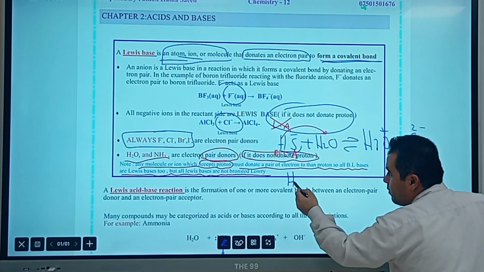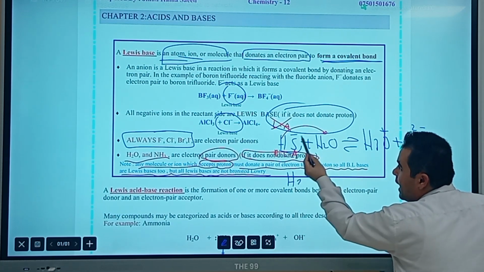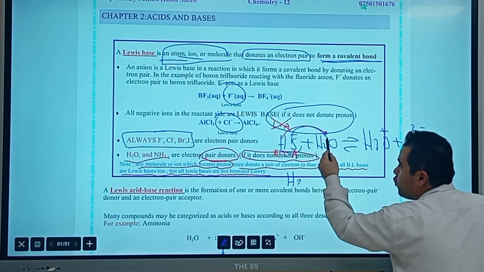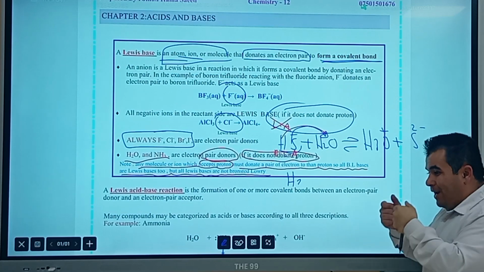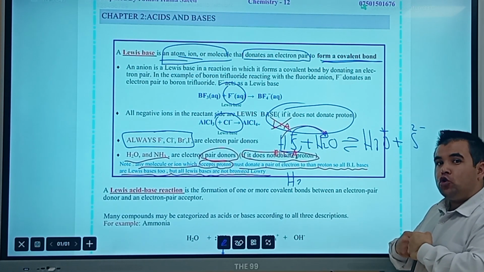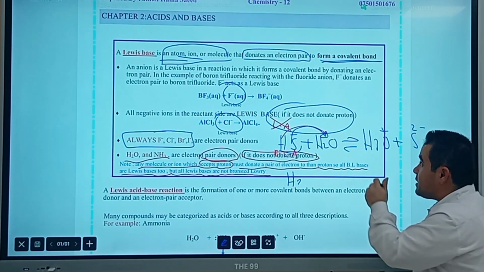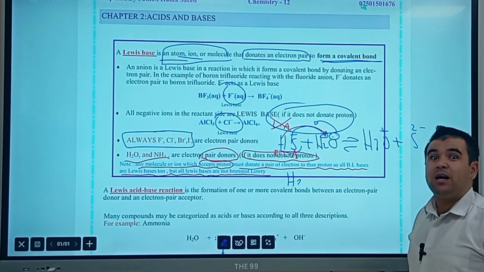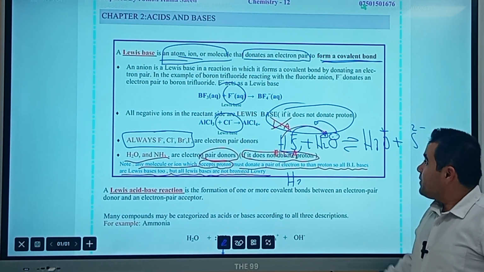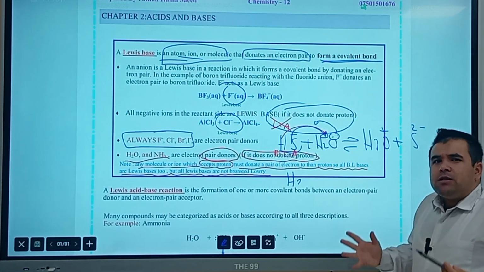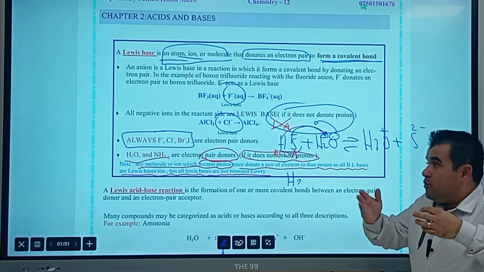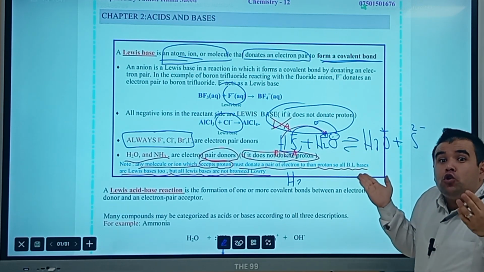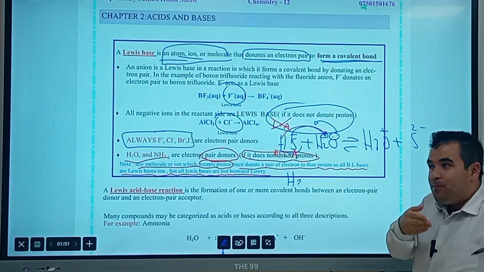When H2O accepts a proton, it's a Bronsted-Lowry base. And when it accepts a proton, it must donate a pair of electrons to it, so it becomes a Lewis base too. So we can say all Bronsted-Lowry bases are Lewis bases.